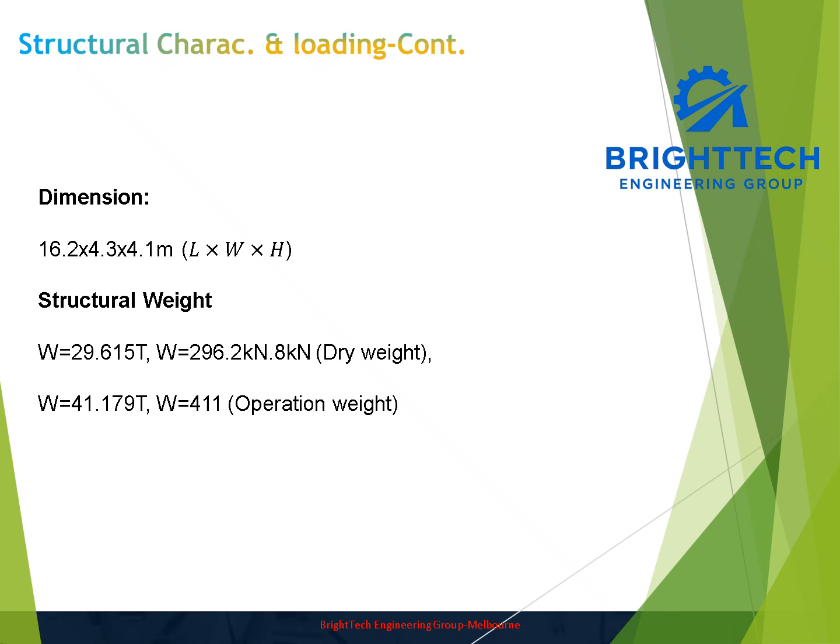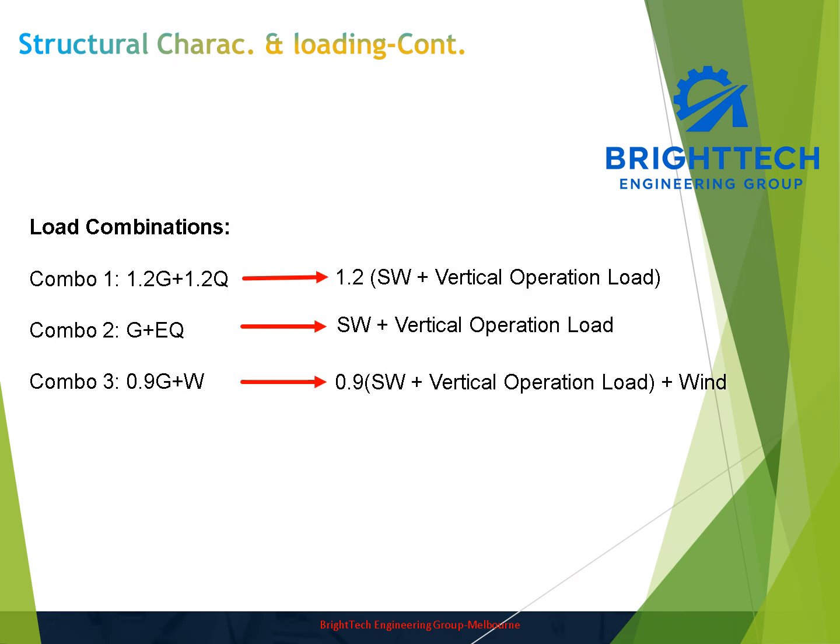The width is 4.03 meters, while the height is 4.1. And the structural weight is 29.615 tonnes, and in terms of kilonewtons, it's going to be 296 kilonewtons. It is the dry weight. And also we have the operational weight.